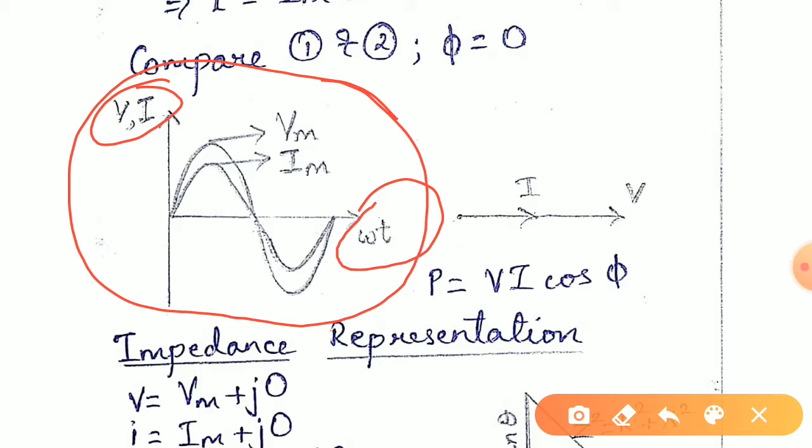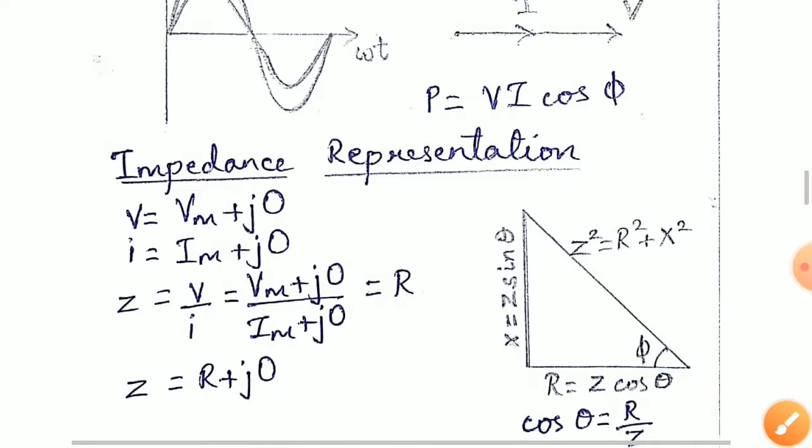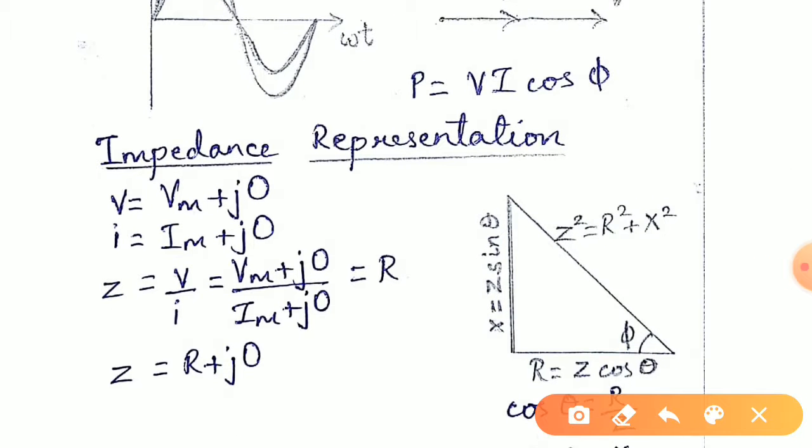Similarly, when a phasor diagram is plotted, as there is no phase difference between voltage and current, they both lie in the same line. The equation for power is obtained by P is equal to VI cos phi. When phi is equal to 0 is substituted in this equation, we get P is equal to V into I for AC circuit containing resistor only.